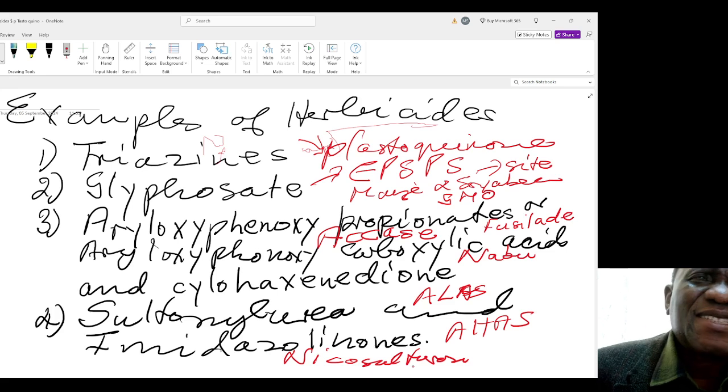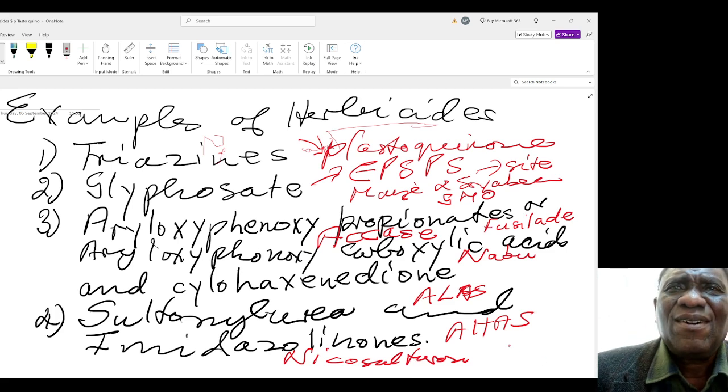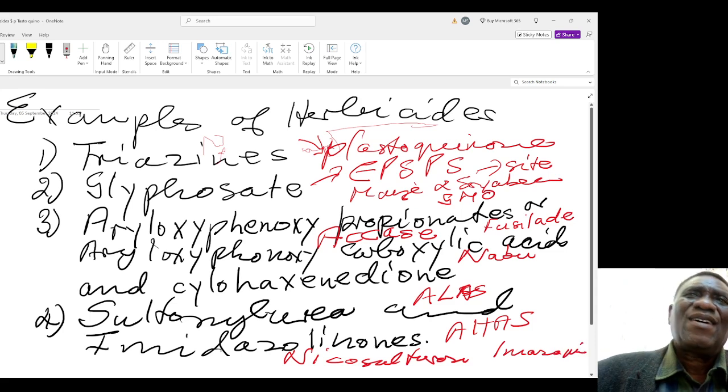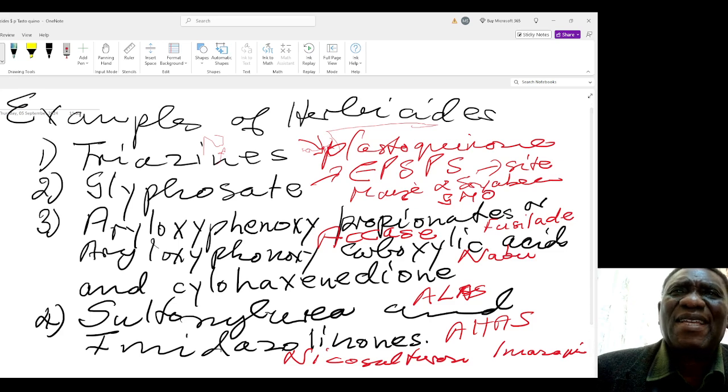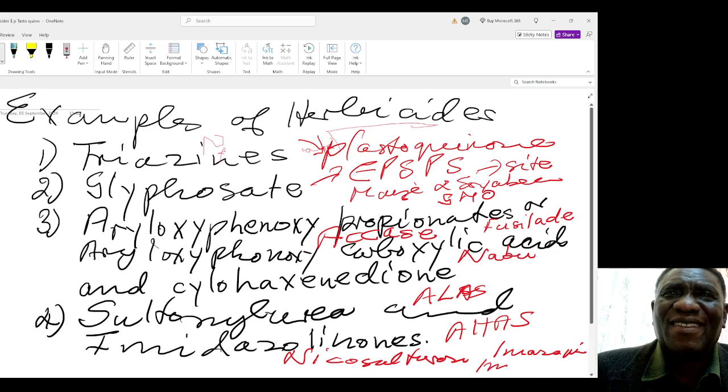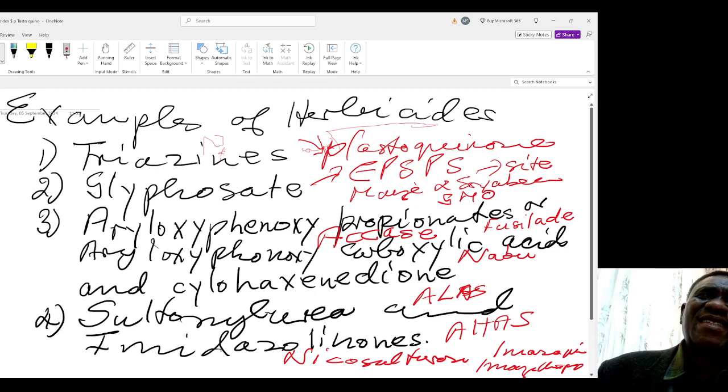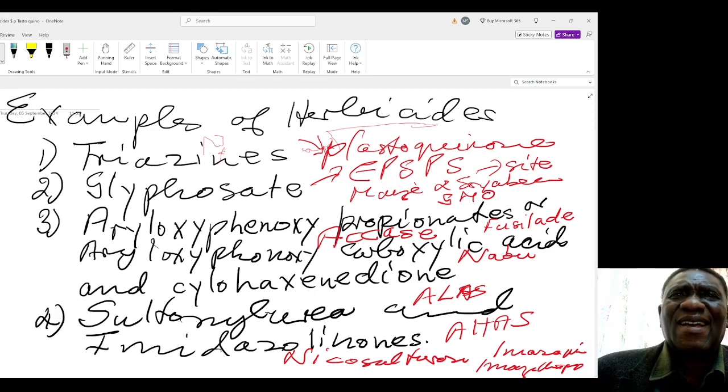Probably I can give an example of what is known as imazaquine, which can kill grasses, probably in soybean. There's also imazatapa, which is also a grass killer in groundnuts.